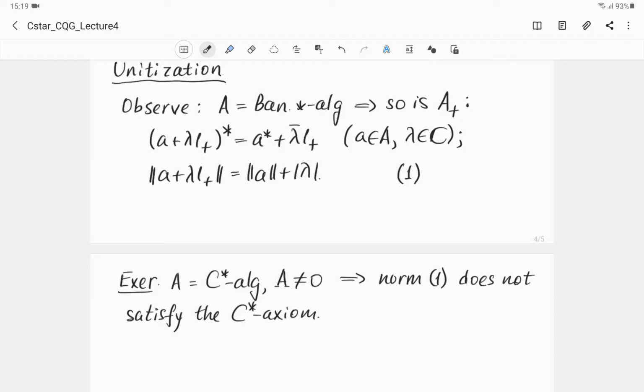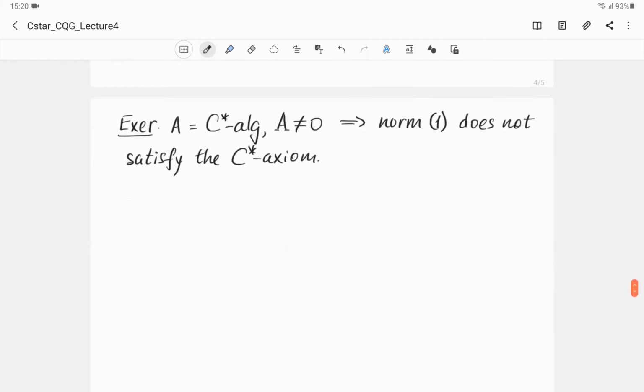Fortunately, there is another way to define a norm on the unitization of A, and to make it into a C-star algebra. And to define this norm, we have to consider separately two cases: the case where A is unital and the case where it is not. So first of all, we consider the case where A is unital.